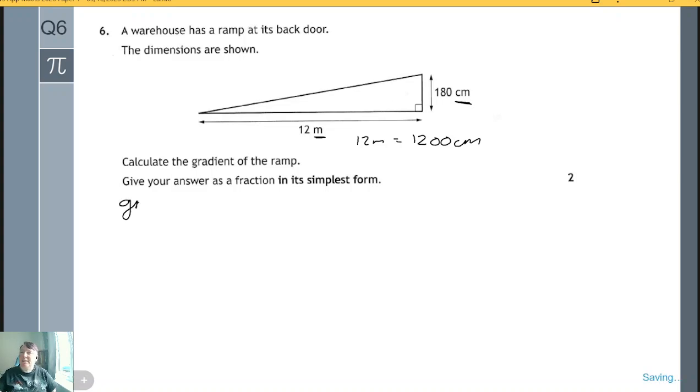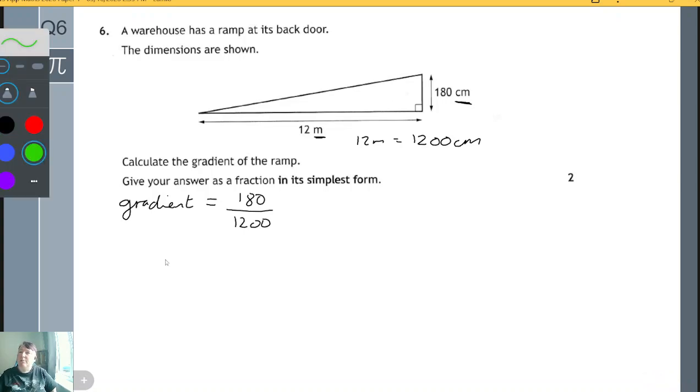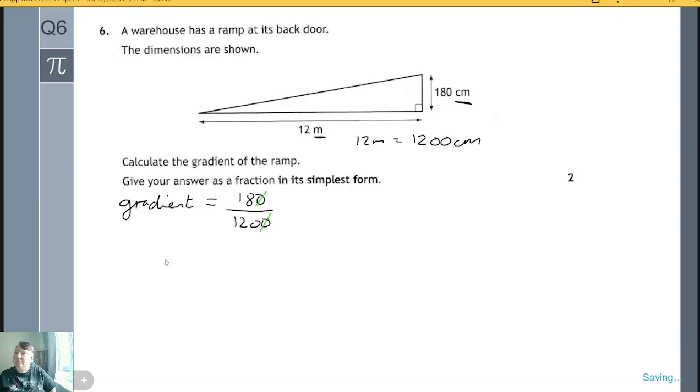So gradient, if you check your formula sheet, you'll see it is vertical height divided by horizontal distance, otherwise known as rise over run. So 180 divided by 1,200, and I can do some simple cancelling down here.